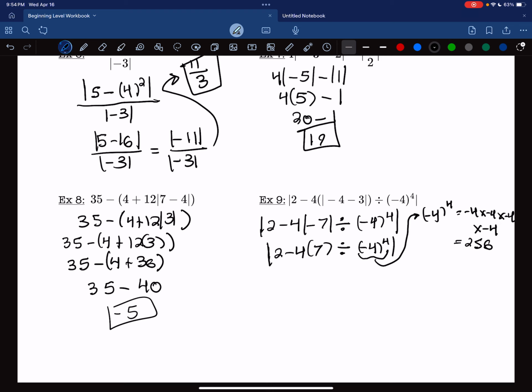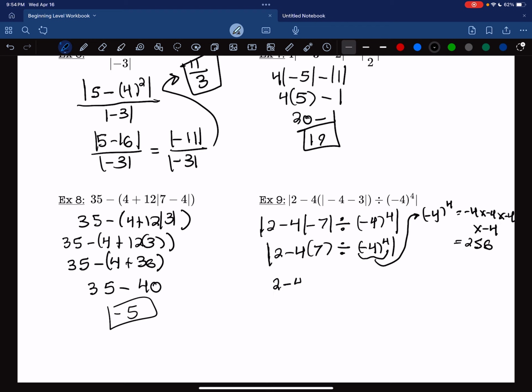If you're thinking that, I encourage you to go to the first module in this course and look at, I think it's section 1.5, when we're dealing with negative numbers to powers of exponents. Because that will go through a whole rule with you where you'll find out that if you have an even exponent, you always get out a positive number. But anyways, so we got that, it's 256.